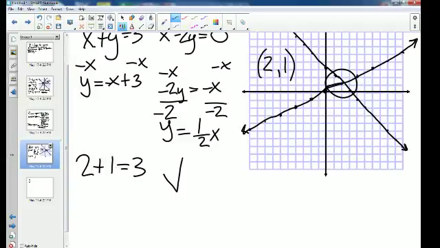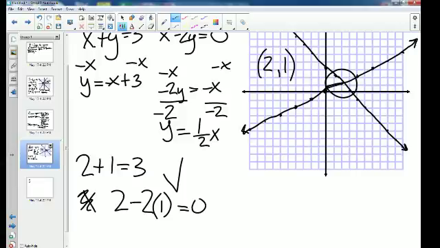Then if we plug it into the x minus 2y equation, we get 2 minus 2 times 1 equals 0, and 2 minus 2 does equal 0.